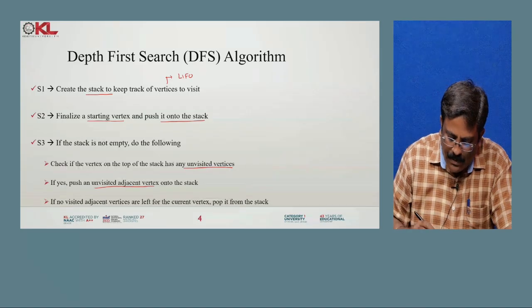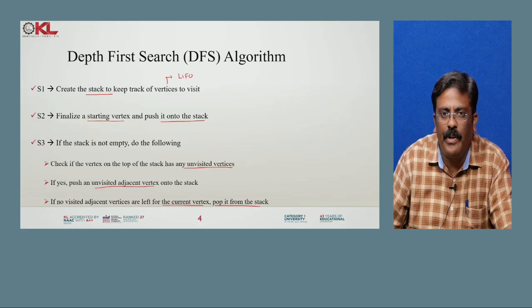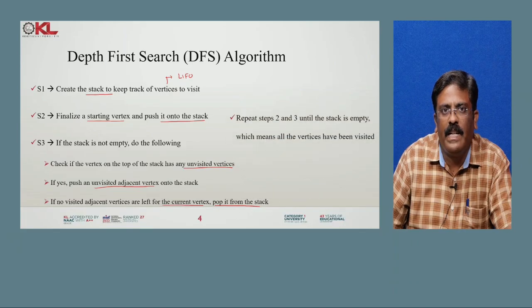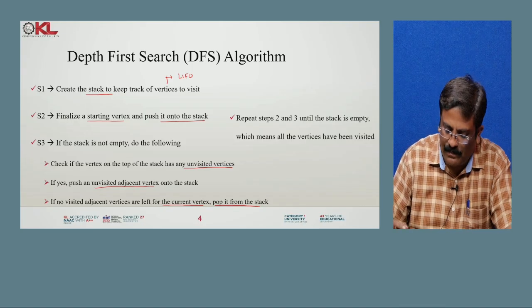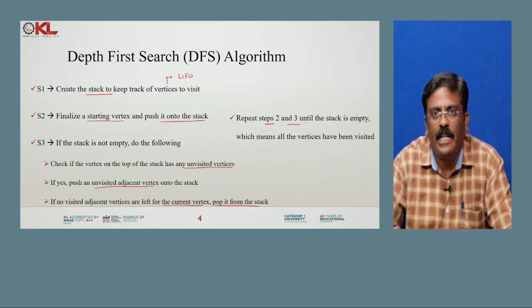If there are no unvisited adjacent vertices left for the current vertex, then pop it from the stack, move on to the next vertex in the stack, and see whether any adjacent vertices are available to explore further. We repeat steps 2 and 3 until the stack becomes empty.